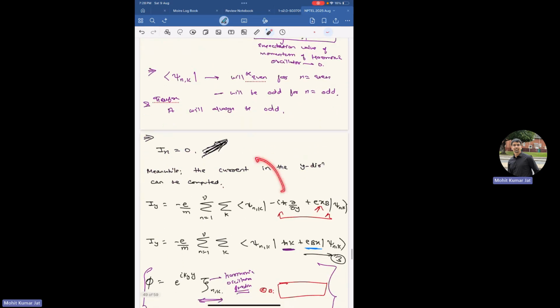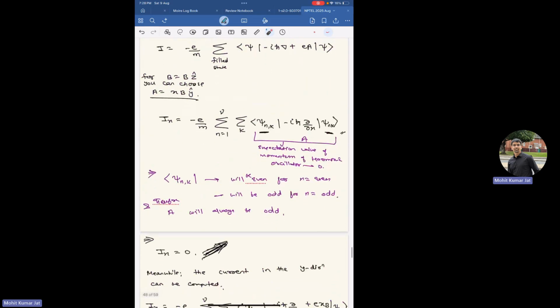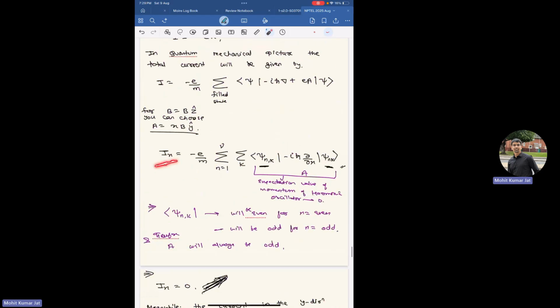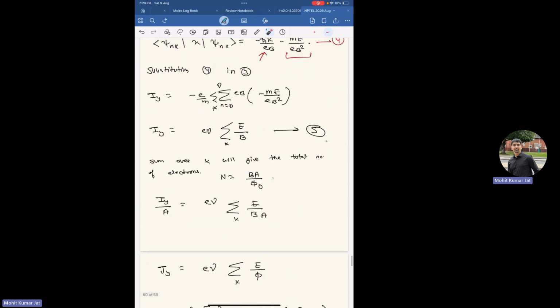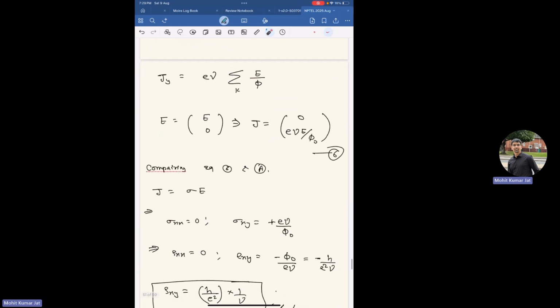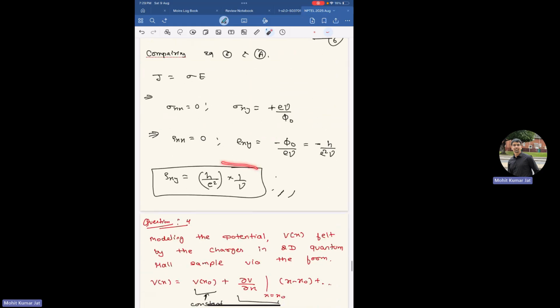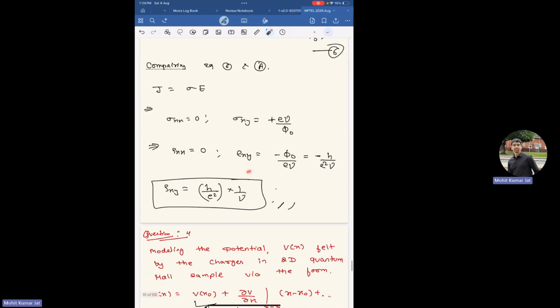We discussed it, and what we find is that Ix is 0. The current in the x direction is 0. That's why if the current is 0, then your conductivity is also 0, right? So your sigma xx is 0, and your sigma xy is finite, which we computed to be e squared by h times nu, and your rho xy is h by e squared nu.